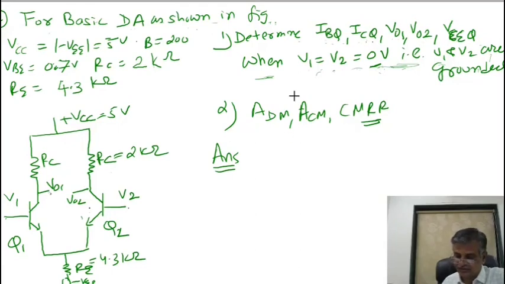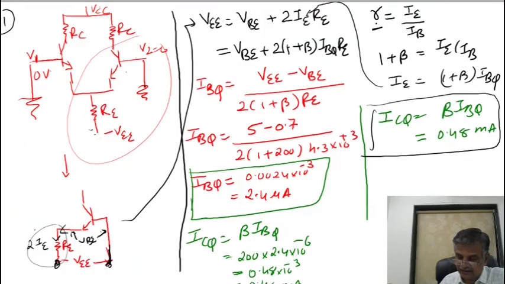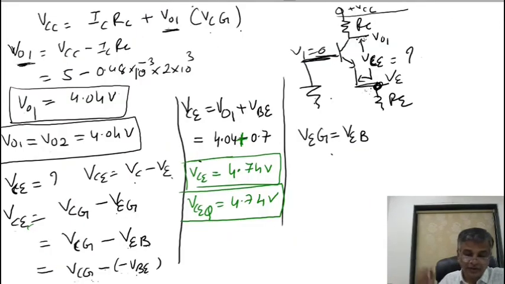Now the second question: ADM, ACM and this CMRR. Let us calculate this. You know the formula of ACM, ADM. So I am writing the formula, from that you will get the ADM. ADM is what? GM into RC.